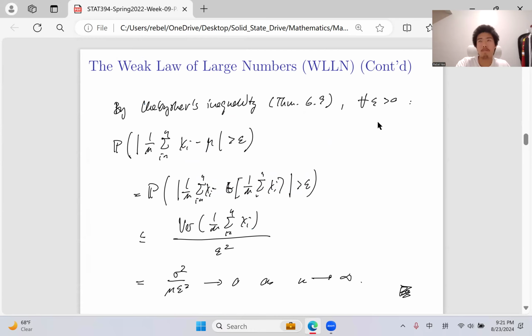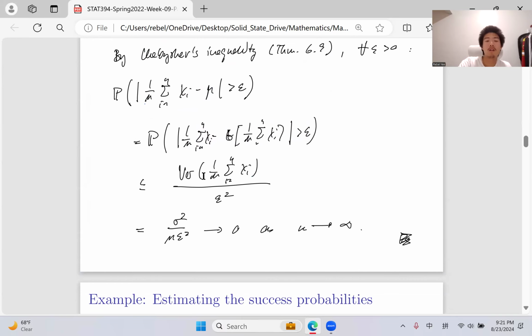It can be 0.0001, but it already exists, right? And by the Chebyshev inequality, if you can still remember from the previous class, this becomes the probability that any random variable goes beyond its expected value by more than epsilon. It's the variance of this random variable over this term squared, which is epsilon square.